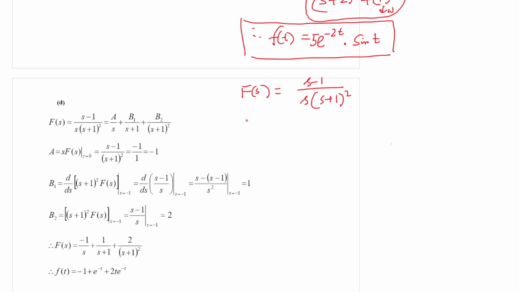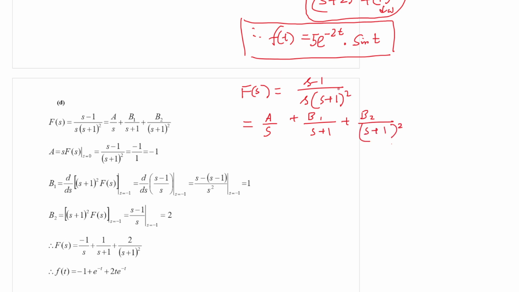If you solve this by partial fraction expansion, then it should be written as a by s plus b1 by s plus 1 plus b2 by s plus 1 whole square.